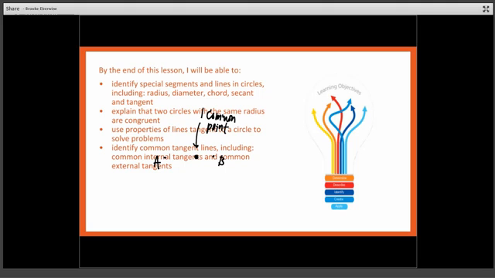Two circles have two common intersection points if they intersect each other. So we can see here this one and this one, two common points. And those are called intersecting circles.